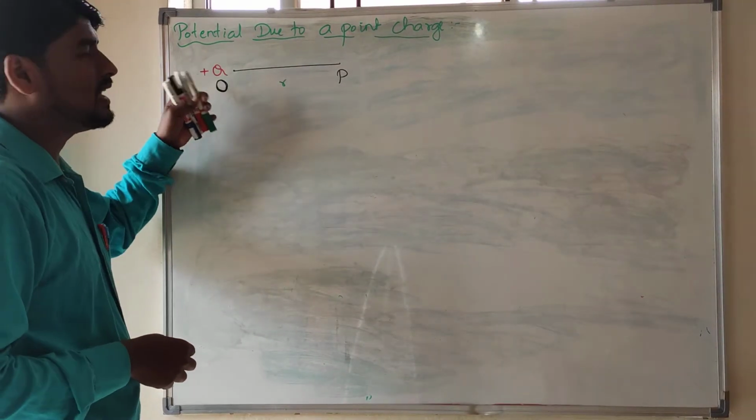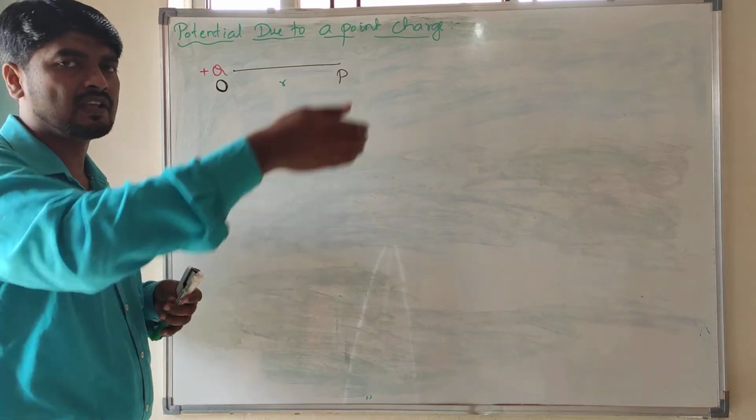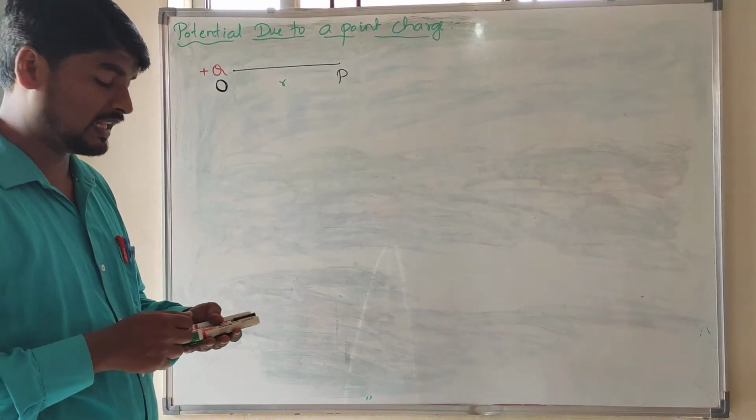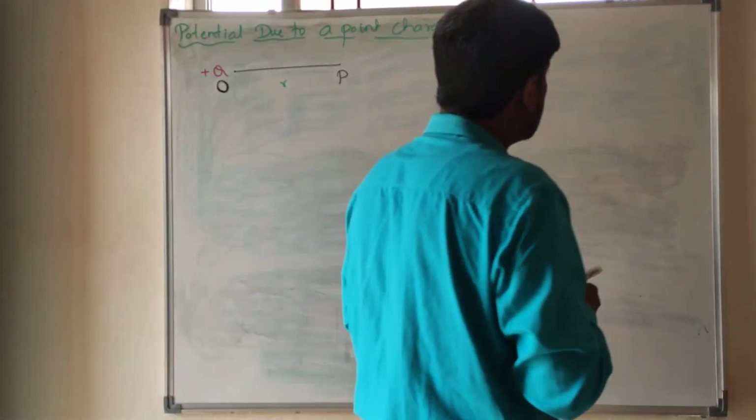What is the electric potential? Electric potential is nothing but the total work done in bringing the UPC from infinity to the point against the electric field.